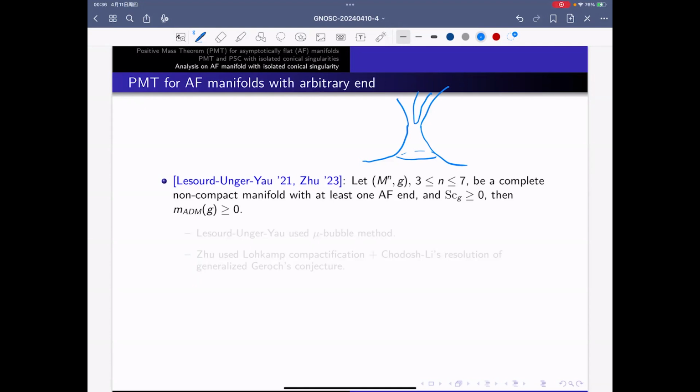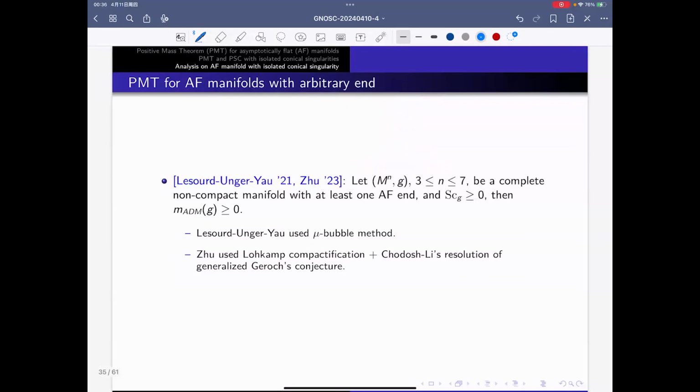This is proved by Schoen-Yau and also Zhu, using different methods. Schoen-Yau use the mu-bubble method, still for dimension between 3 and 7, and Zhu used the Lohkamp compactification and also Chodosh-Li's resolution of the generalized Geroch conjecture. So the result I just mentioned is for the non-existence of positive scalar curvature metrics.